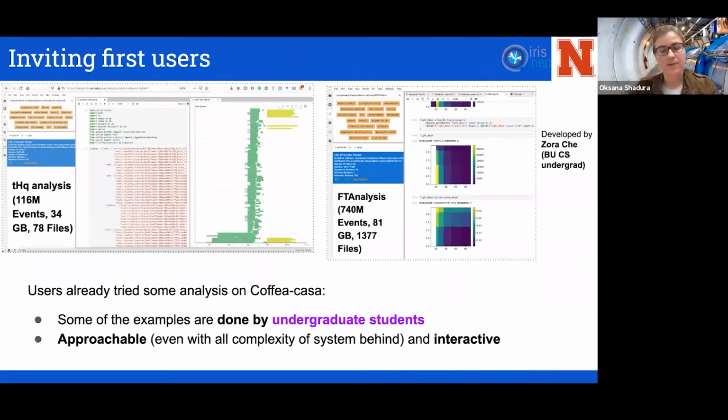The interesting part is that we started to invite our first users, and it's pretty successful, because we have some analyses done by undergrad students, which means it is very approachable and interactive. They are happy with this.